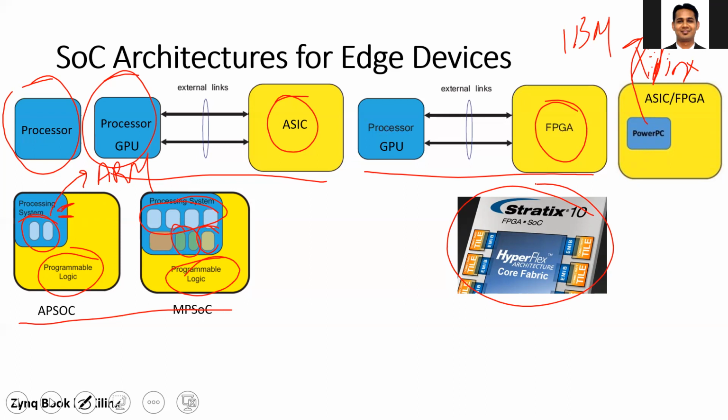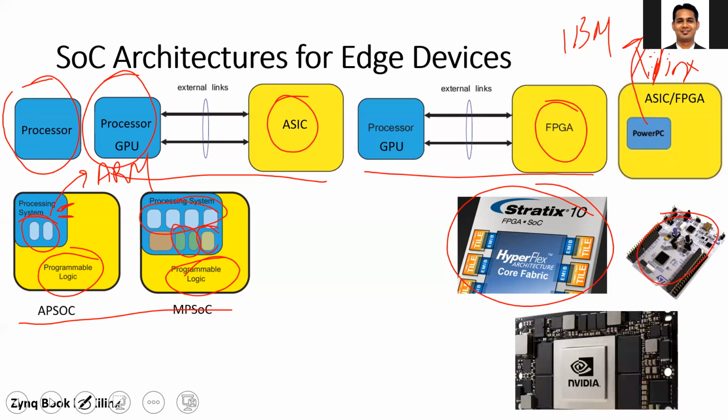Xilinx is now being taken over by AMD, which is another big processor company, and AMD is trying to integrate the FPGA in their processors. Then for edge devices, there are other companies, for example ST Microelectronics, developing their edge AI devices. For microcontrollers for IoT applications, NVIDIA is a big company which is trying to develop edge devices.